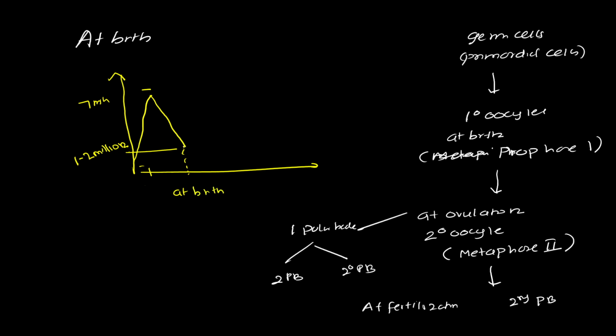Then the number of primary oocytes will gradually reduce to around 40,000 until the age of puberty.